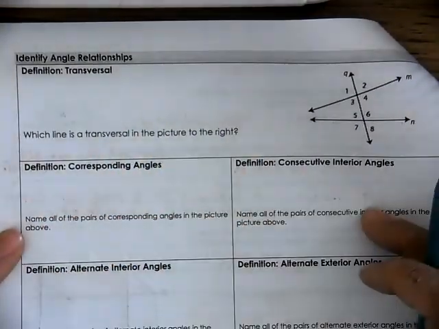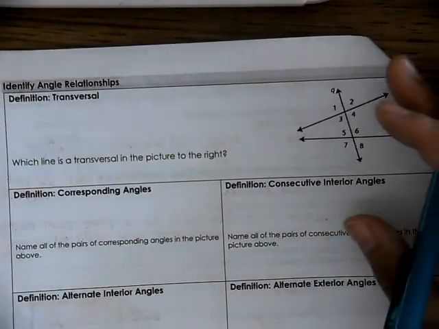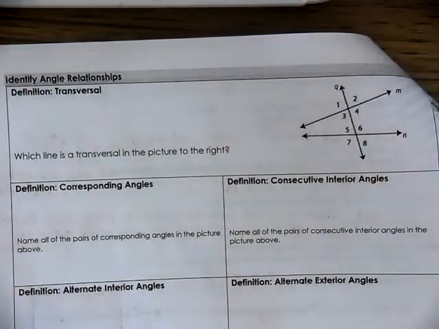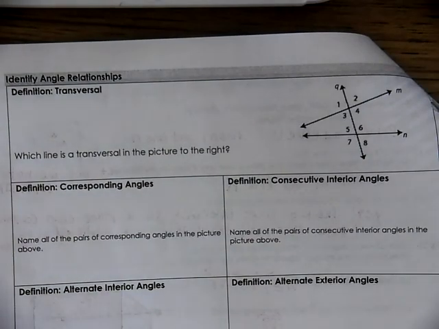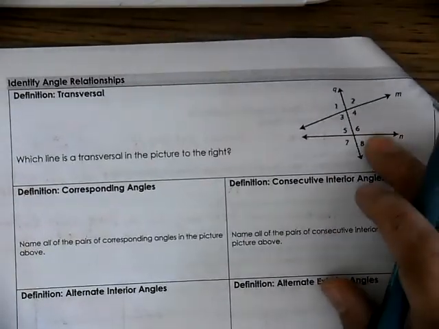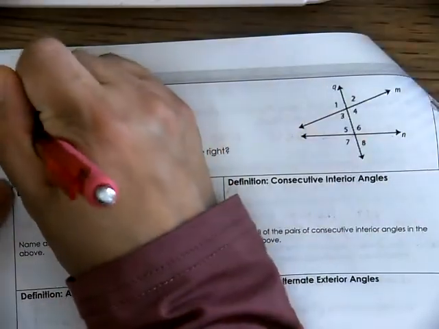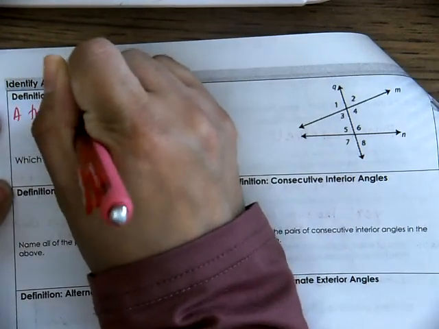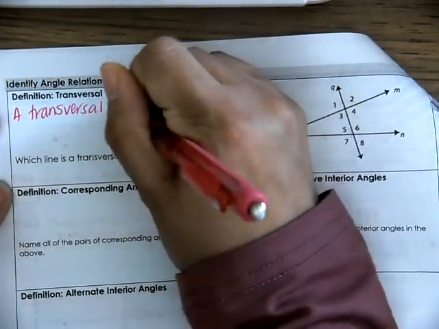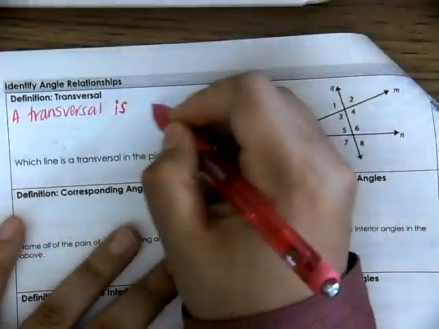And in order to talk about them, though, we need one more definition of a type of line. It's a special type of line. It's called a transversal. So let's go ahead and write down the definition of a transversal, and then I'll show you where it is in this diagram to the right. So a transversal is a line. I know it doesn't sound like it would be a line, but that's just the word for it.